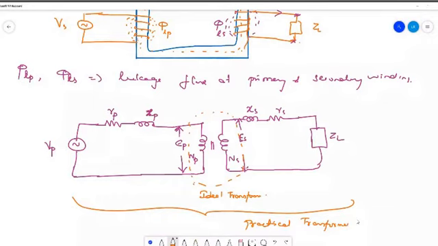Just now I told you about the no load current, the current that will be flowing even when this current IS is equal to 0. Let's say this is IS and this is IP. So even when IS is equal to 0, when I open circuit this, there will be some amount of IP flowing.